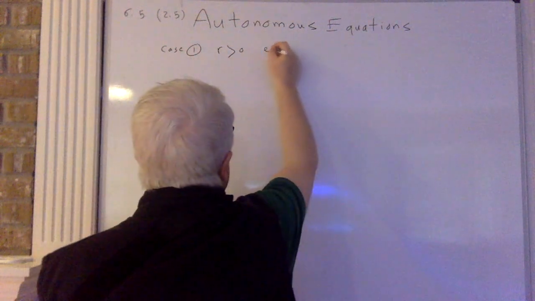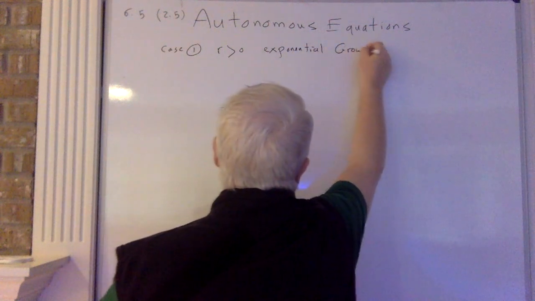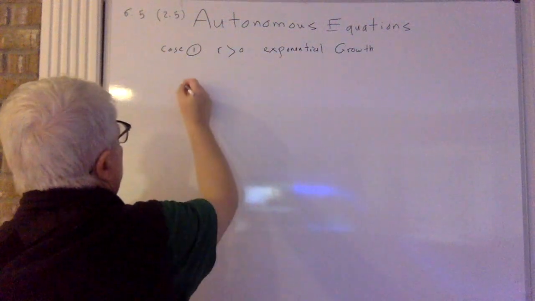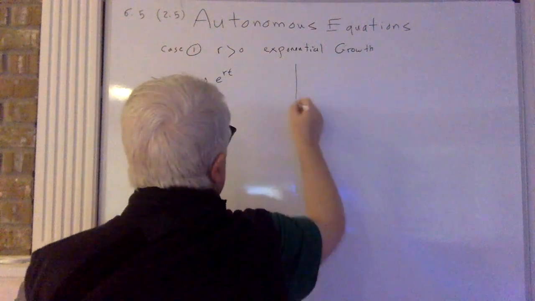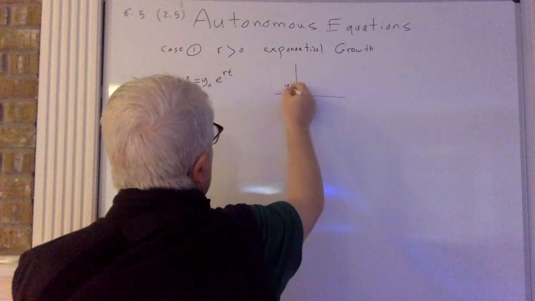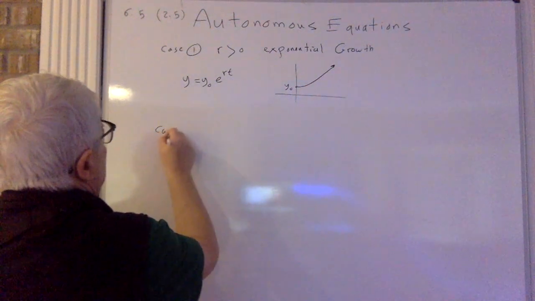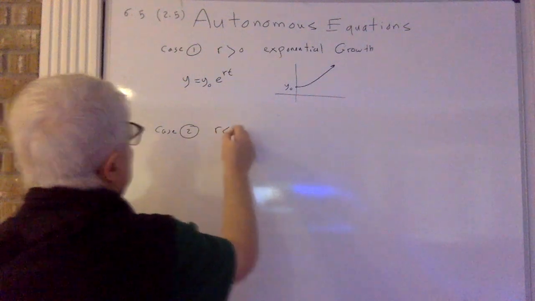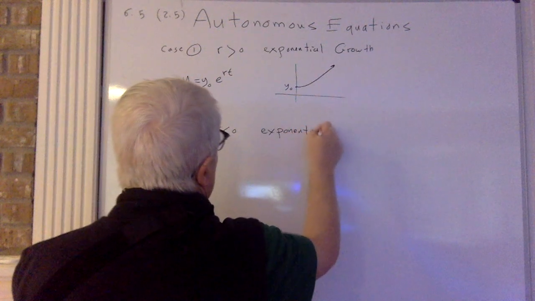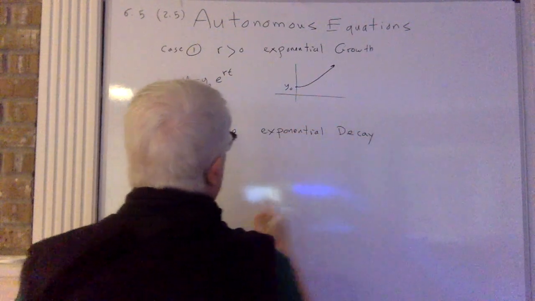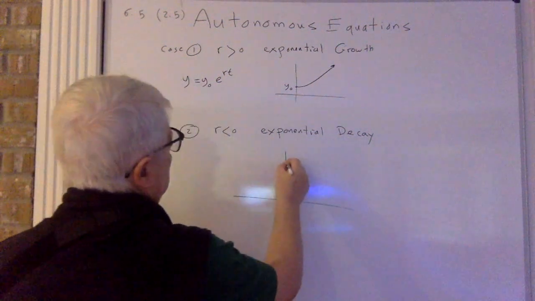This is called exponential growth. So we have y equals y0 e to the power rt, and it looks like this. It starts at y0, wherever y0 is, and it grows exponentially. In case 2, r is less than 0, that's exponential decay. And this looks like this.